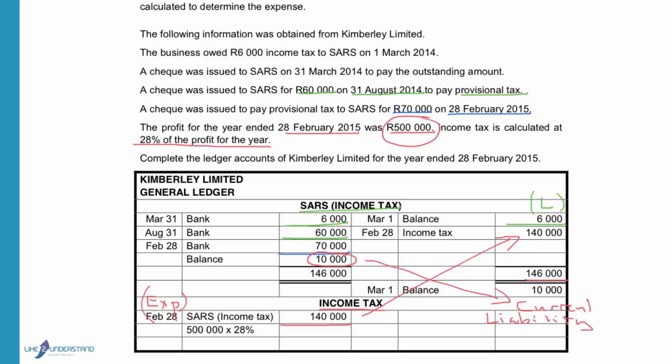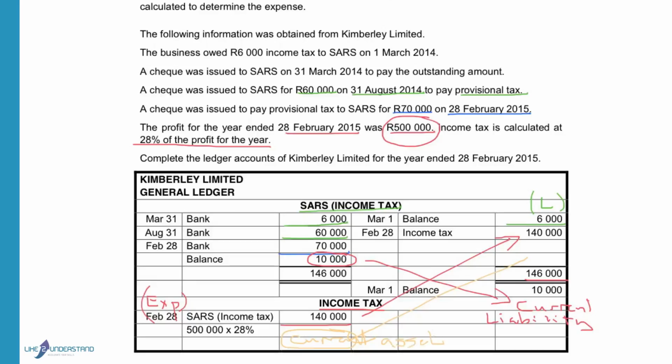If we alternatively decide that, for instance, the balance is on the debit side, so when we add up, the debit side is bigger than the credit side, and this balance is brought down on the debit side. If the balance is on the debit side, it means that it will be recorded as a current asset.